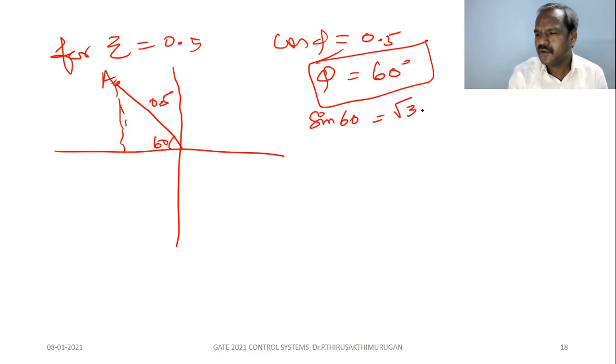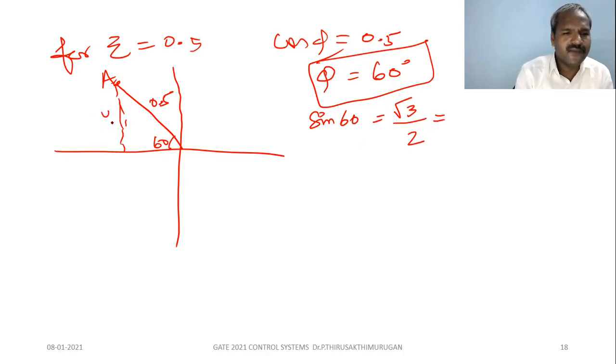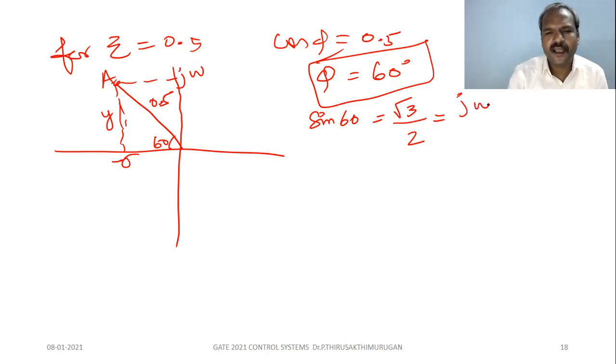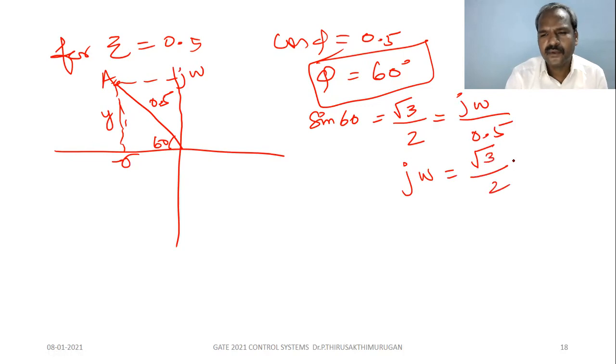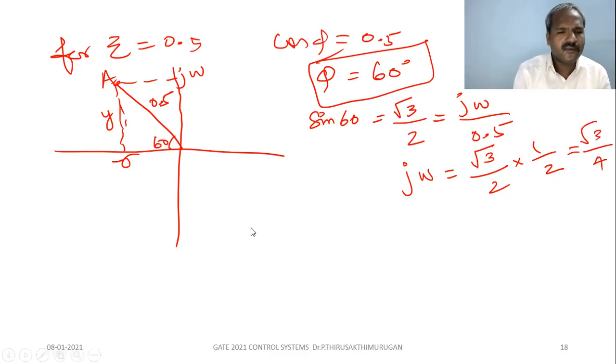This is the y value, the j omega value, over 0.5. The minus sigma value is this one. So what is omega? Omega equals root 3 by 2 into 1 by 2, so root 3 by 4. So j omega is root 3 by 4. What is this?